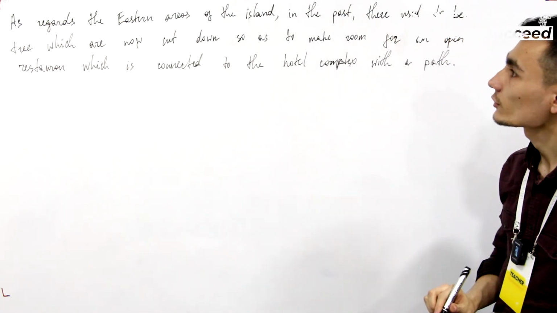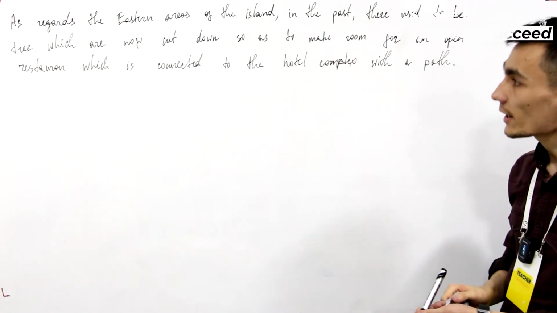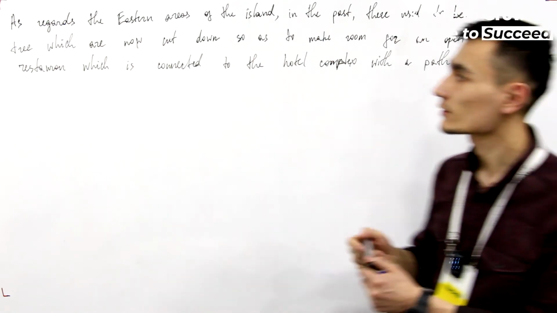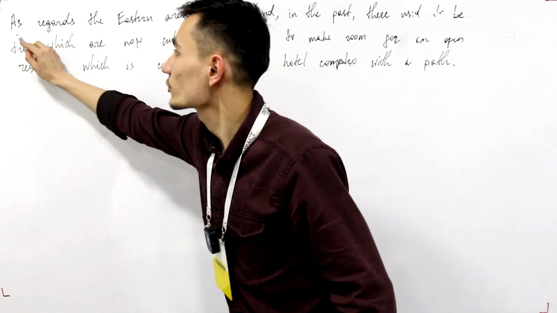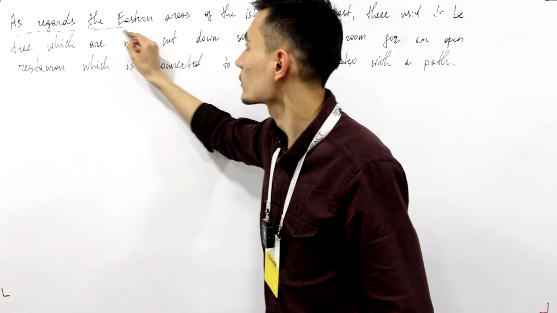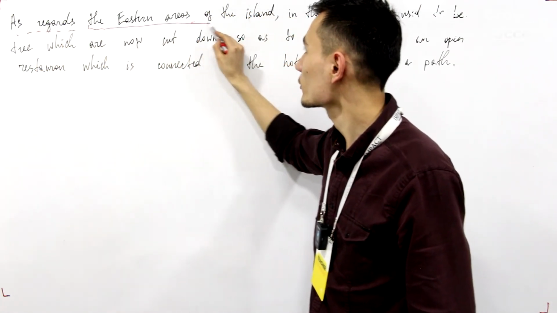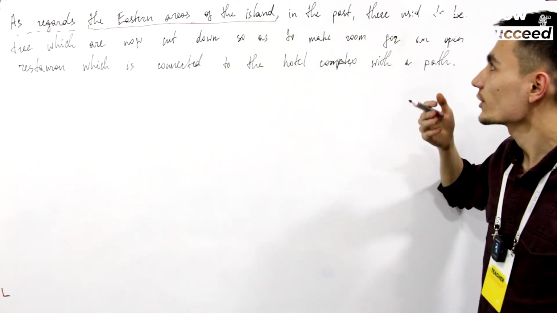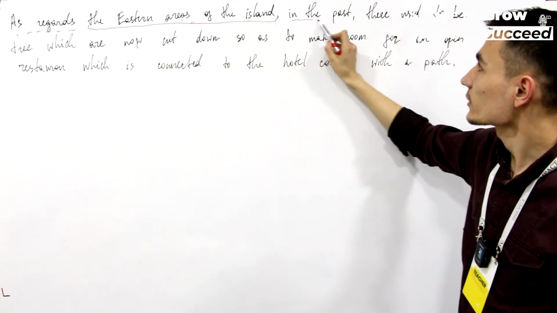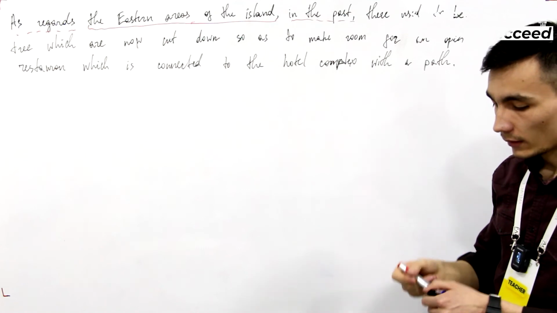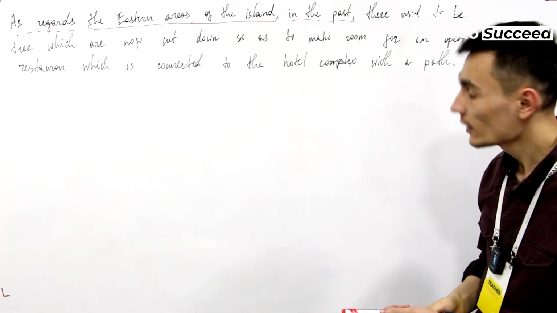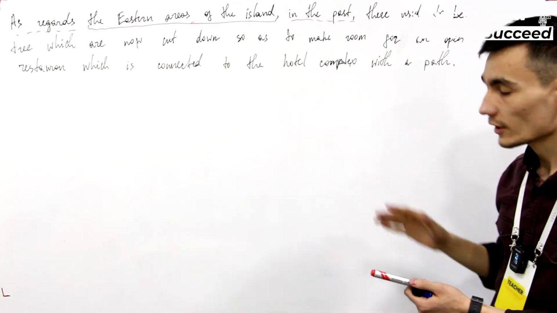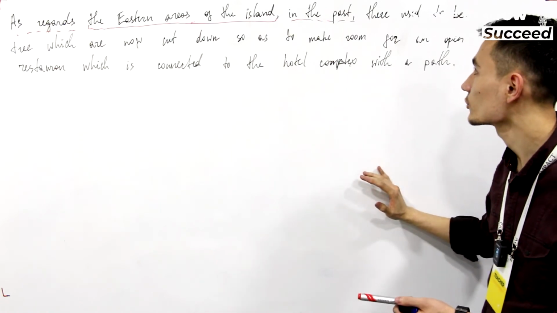As you see, I wrote, as regards the eastern areas of the island. "As regards" was the structure for the introduction. The eastern areas of the island is the part that we are describing. "In the past" is just showing the time.